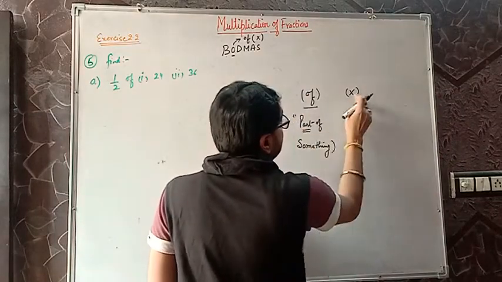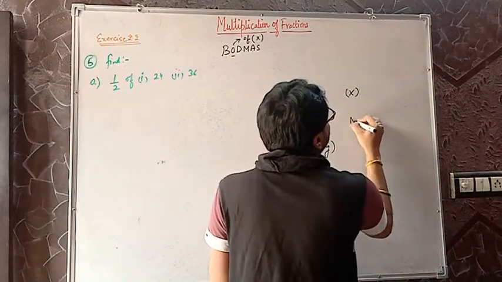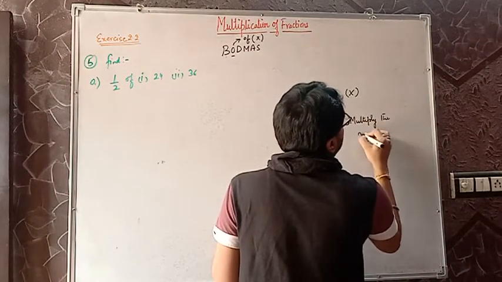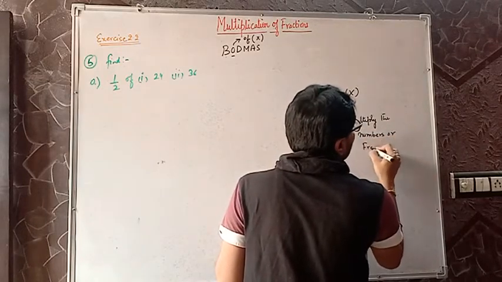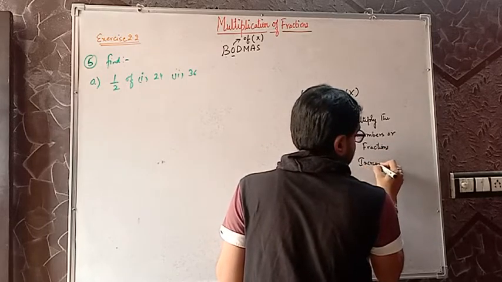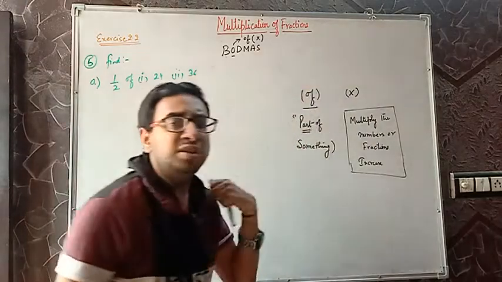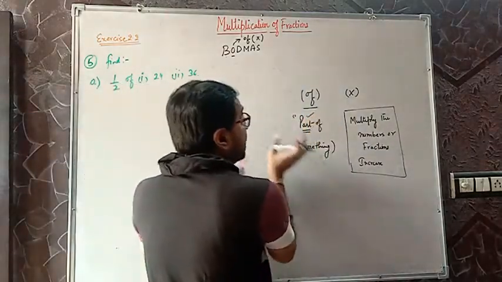Where multiplication is simply used when we have to multiply the numbers or fractions, whatever is given. Simply we have to increase the result. Multiplication means repeated addition. But of here denotes the part of something.